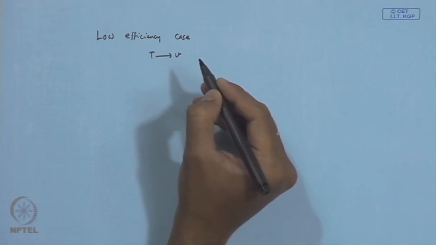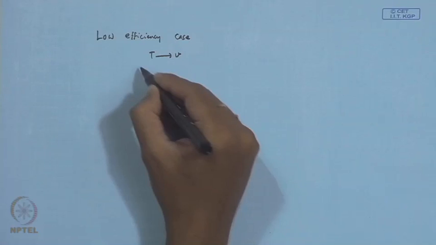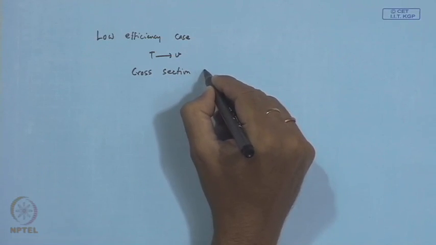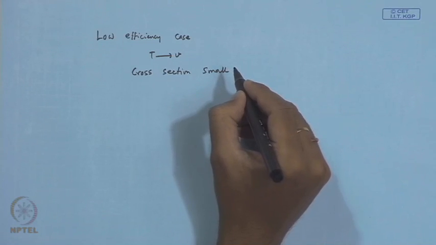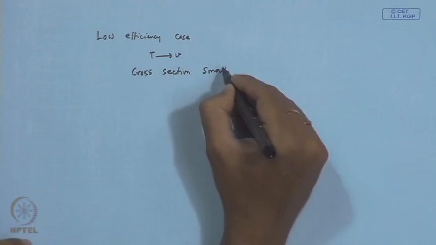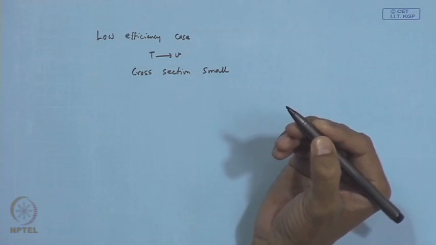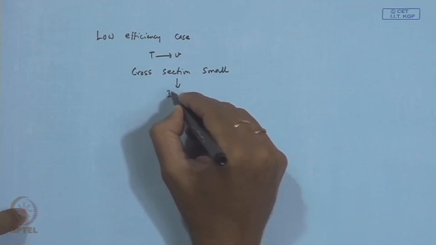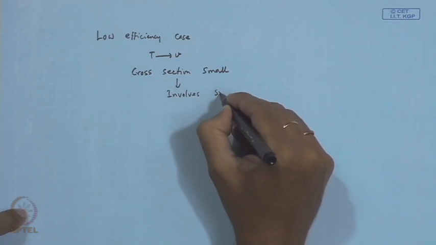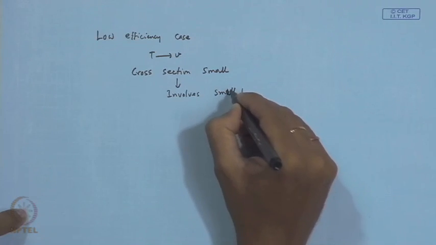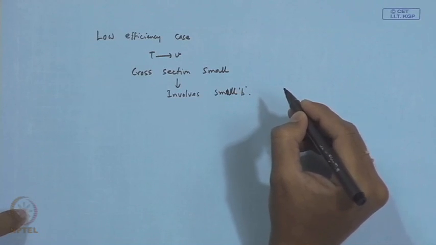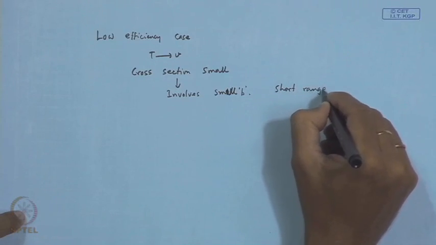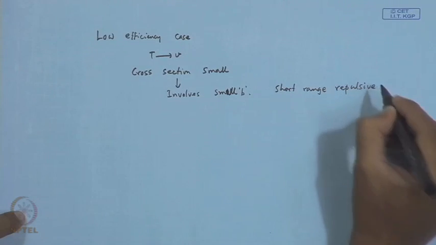The cross section, this transfer efficiency, will be small, and generally it involves a small impact parameter b. So, it usually involves small b, and it is controlled by short range repulsive interaction.